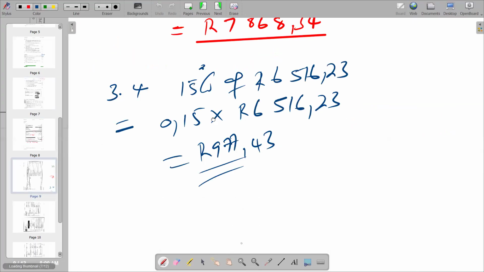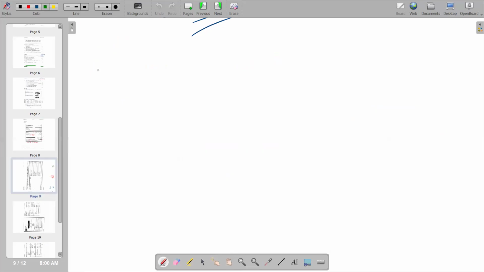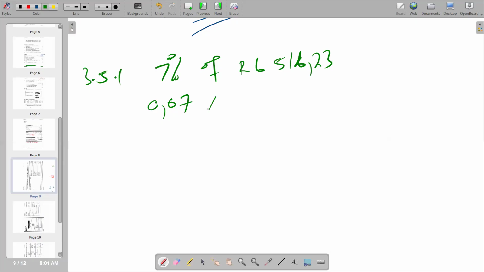So basically we say 7% of 6,516 and then we put 23 cents. So this is the same as saying 0.07, 7% as a decimal, times 6,516.23 to get the discount.